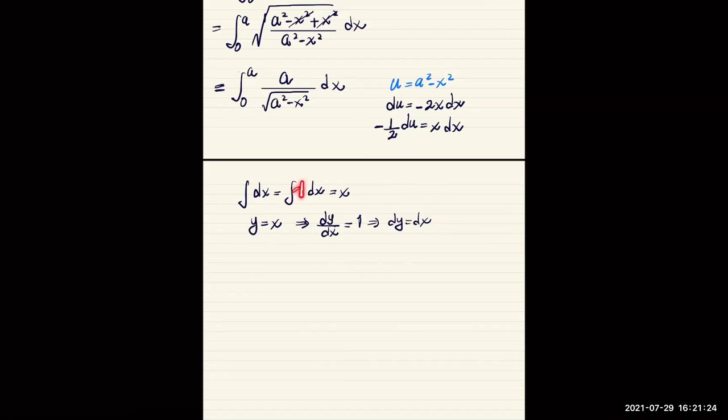Antiderivative of 1 is x because the derivative of x is 1. Oh, okay. So there's a 1 there. Yeah, the antiderivative of dx is the same as the antiderivative of 1 times dx. Okay, that makes sense.